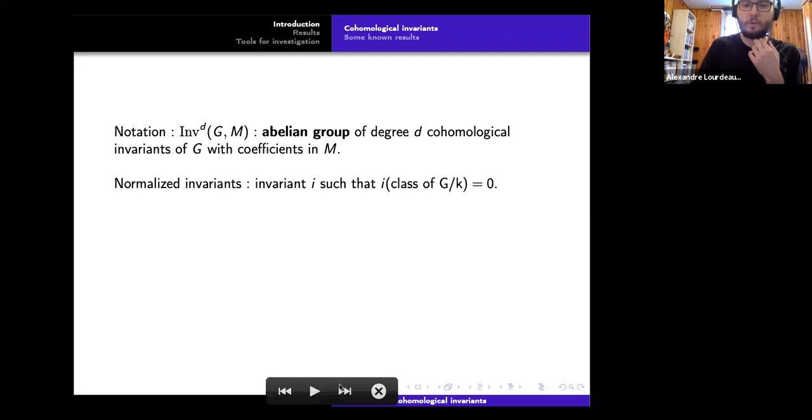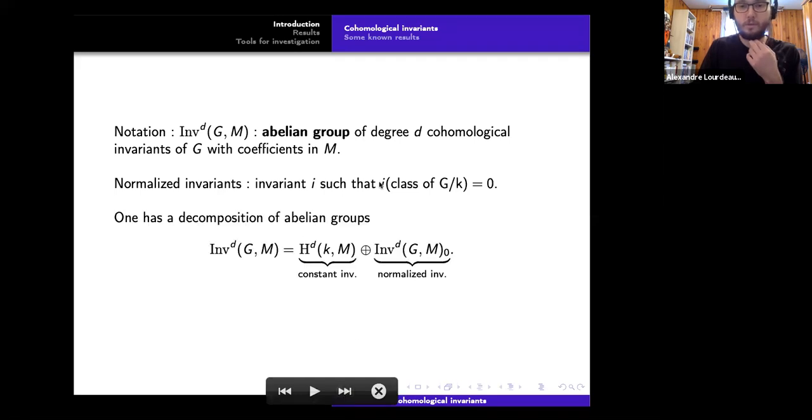And this enables us to decompose the group of invariants into the normalized invariants and the constant invariants, which don't carry any information. Actually, it's just the cohomology of M. So this is another problem.